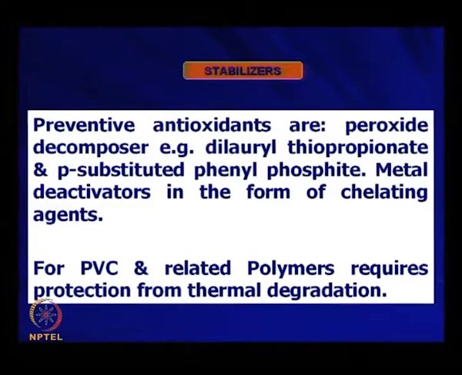So, phosphorus derivatives, phosphoric acid derivatives, or thiol derivatives, amine derivatives, say thiol compounds, amine compounds, phosphorus based compounds, these are used as stabilizers for polymers in general.